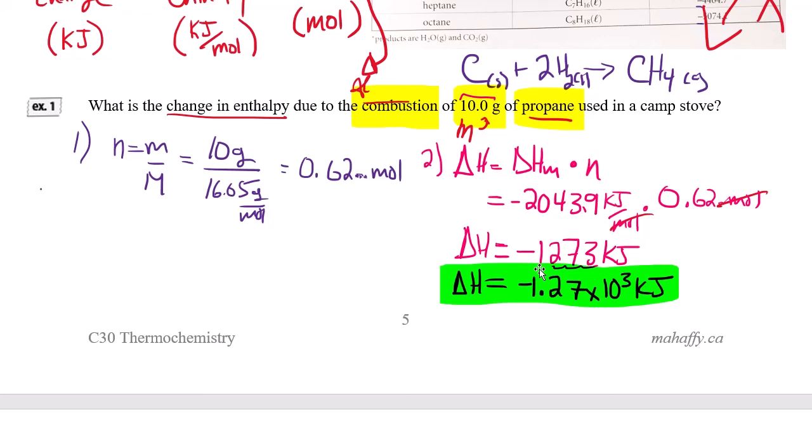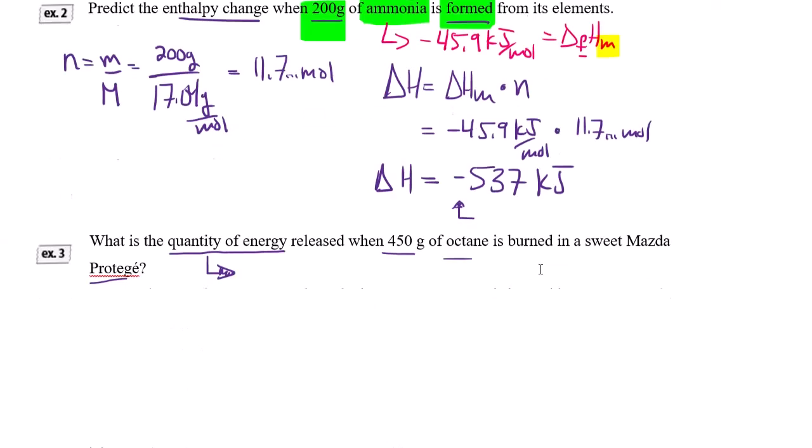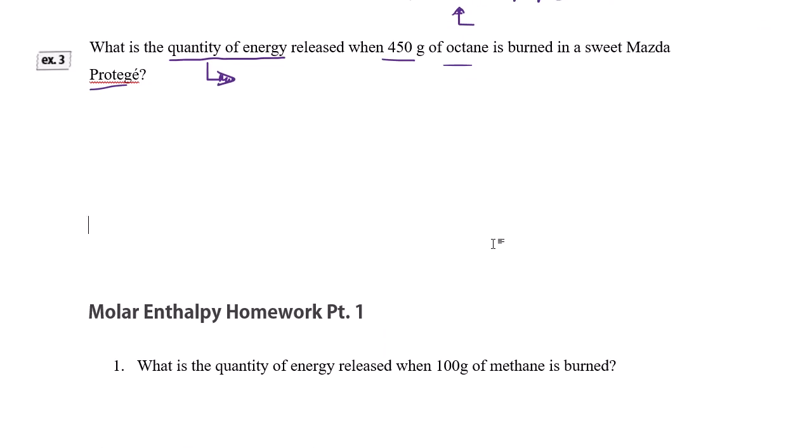We didn't release a negative quantity, right? The negative sign is telling us it was released. So for this one here, you can go through the steps just like you did in the first one. And then your answer is going to be positive, right? Because of the way that it's phrased. So if it asks for a quantity of energy, you would always express that as a positive value.